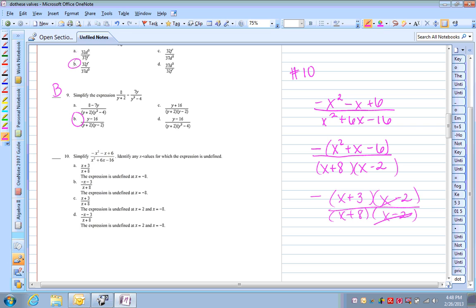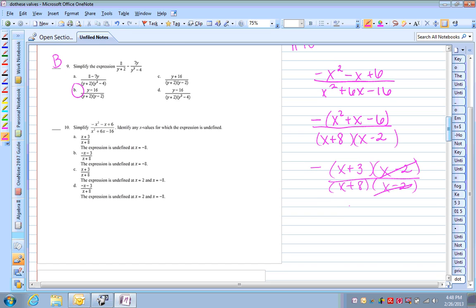I go ahead and scratch out my x minus 2's, and I'm left with negative times x plus 3 over x plus 8. I distribute the negative, and I'm left with negative x minus 3 over x plus 8.